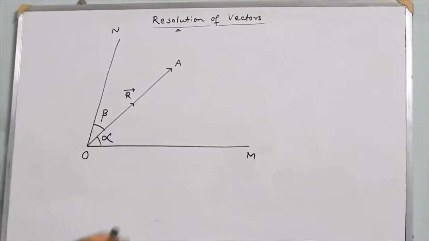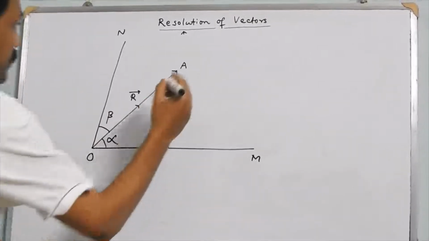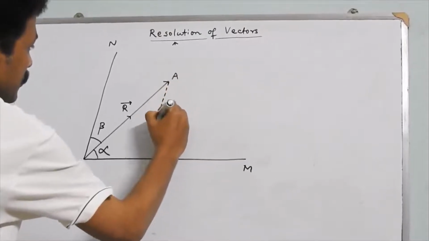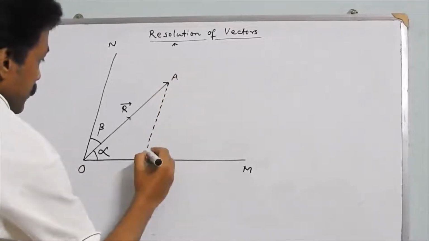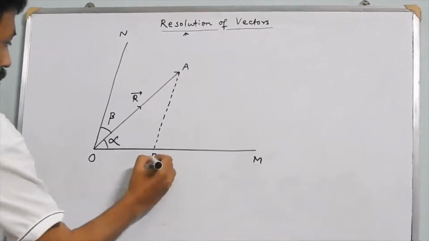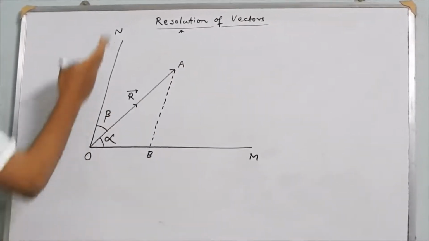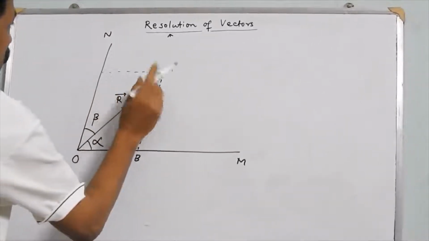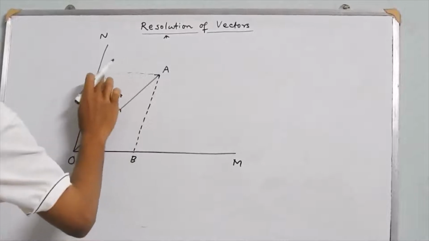So let me complete the parallelogram. So this dotted line, suppose this is called AB. This dotted line is parallel to ON, and this dotted line is parallel to OM, suppose.